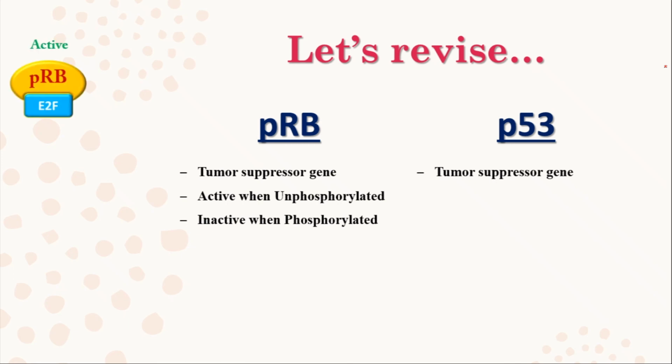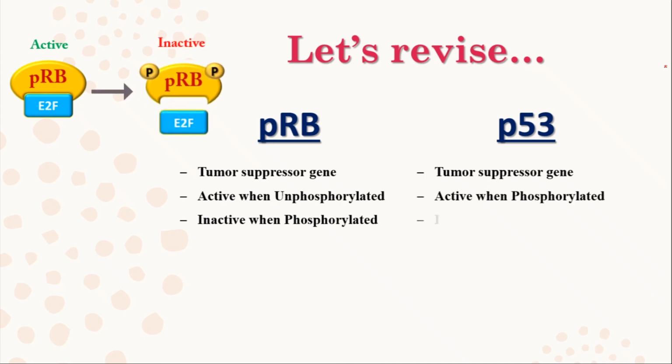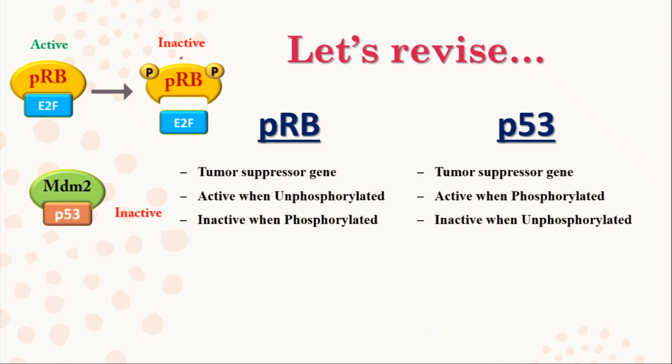But if you see P53, it was active when phosphorylated, but when it was not having phosphate, it was inactive. There is a difference in both of these. Let's see here in this example. The pRB is active because it is not having any phosphate. So once your pRB becomes phosphorylated, it becomes inactive. But this is not the case for P53 because P53 was inactive when it was not having any phosphate. But once it got your phosphate, it became active.